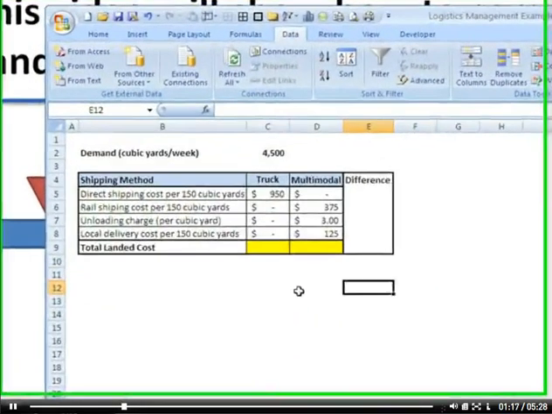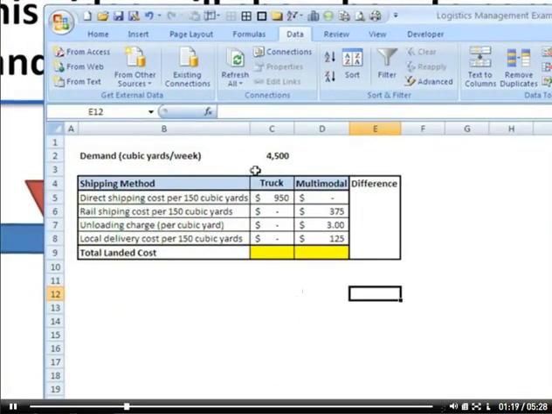We have here in this worksheet the information from the textbook with the cost for each different mode of transportation. Direct shipping costs $950 to ship 150 cubic yards of material.